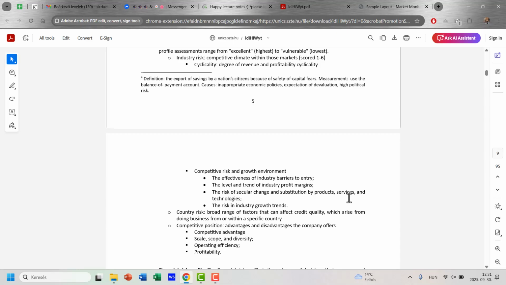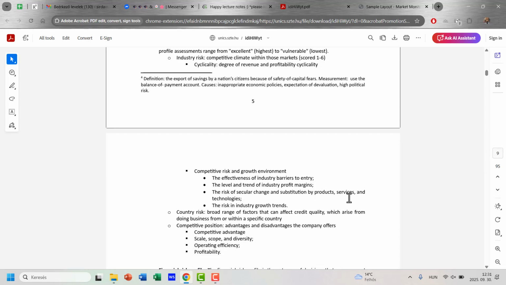This is the new thing, and obviously it contributes to a special kind of industry risk, because in Hungary they are still increasing this contribution, which is bad for many businesses because of higher expenditures. On the other hand, it's part of their job.